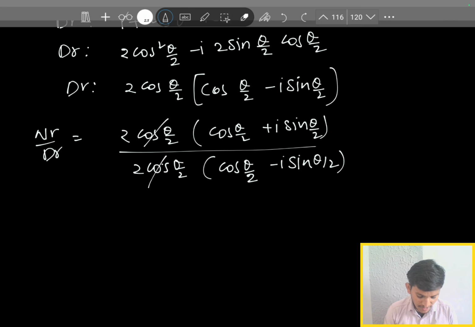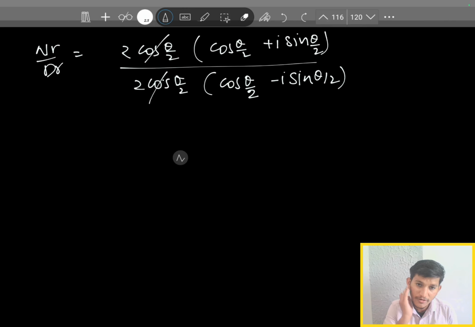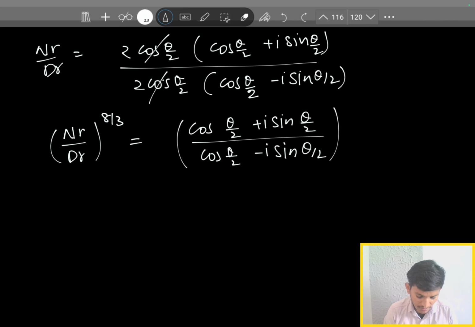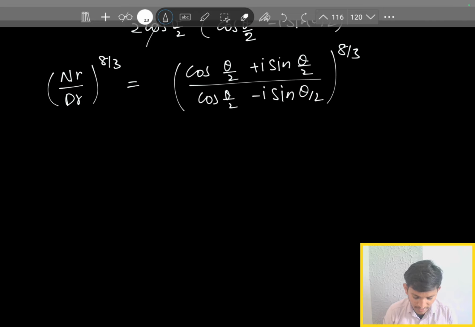So from both the numerator and denominator, 2 cos(theta/2) gets cancelled, and the numerator divided by denominator whole power 8 by 3 is nothing but cos(theta/2) plus i sin(theta/2) whole divided by cos(theta/2) minus i sin(theta/2), the whole power 8 by 3.